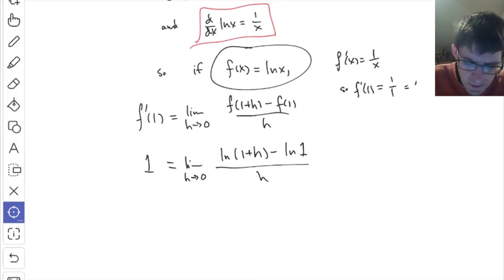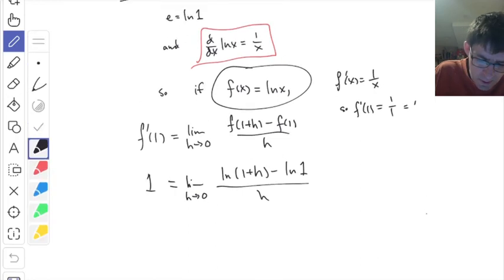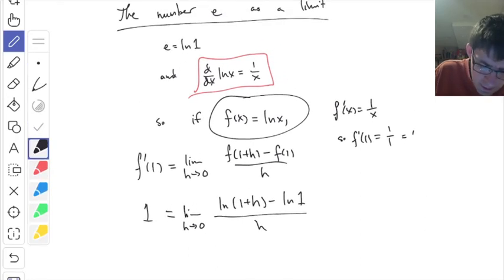This we can simplify a very little bit by saying ln of 1 is... what did I say before? I wrote e equals ln 1. Sorry, I messed that up. ln of 1 is 0, right? What I meant to say is ln of e equals 1.